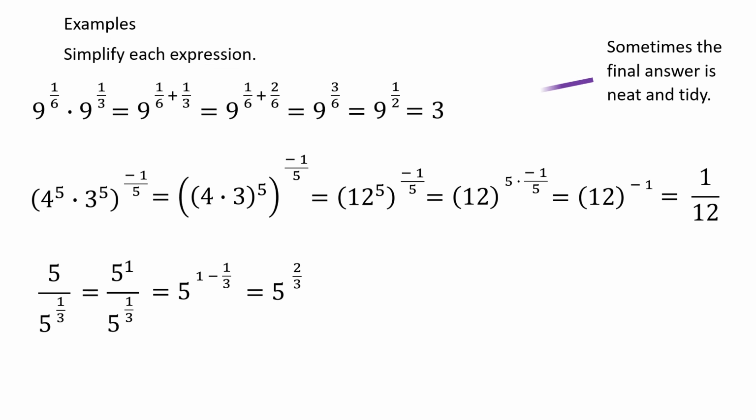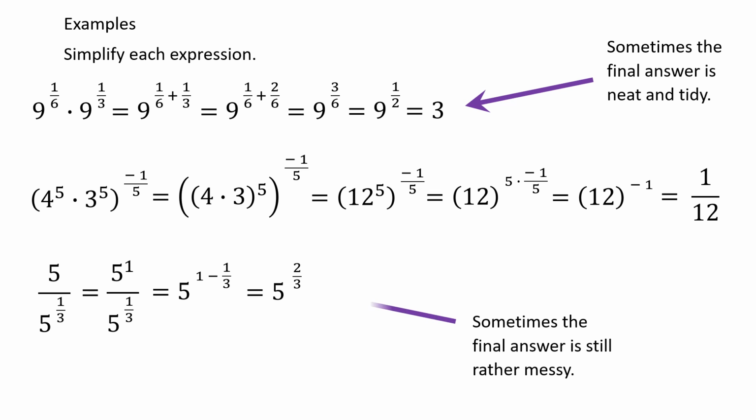So 3 over 3 subtract 1 over 3 leaves me with 2 over 3. That does not simplify, right? Sometimes we get some really nice, neat, tidy answers. Sometimes the answer, wow, it looks kind of crazy. It's like, hey, I still have some rational exponent involved here, right? Or you might have a fraction or something.